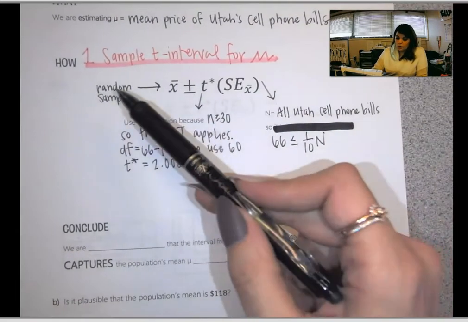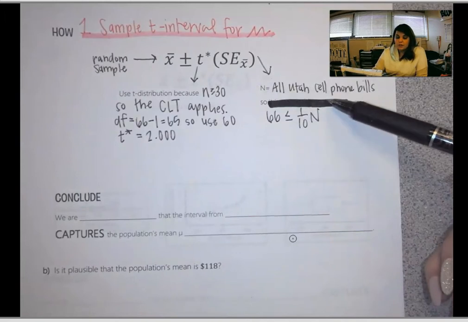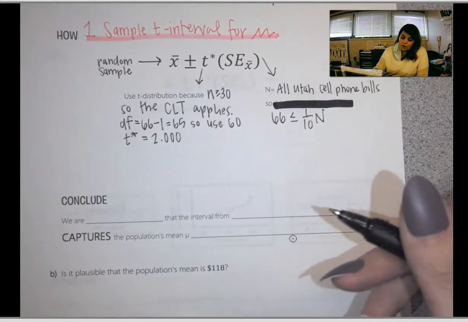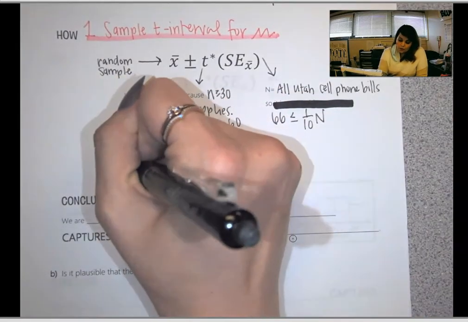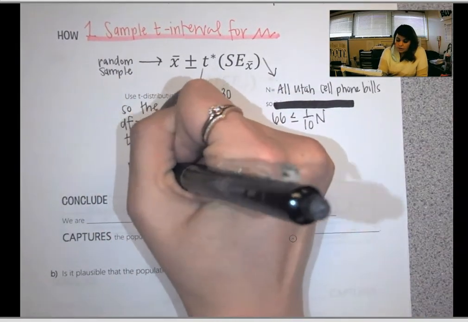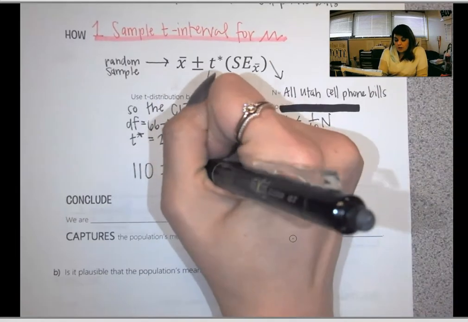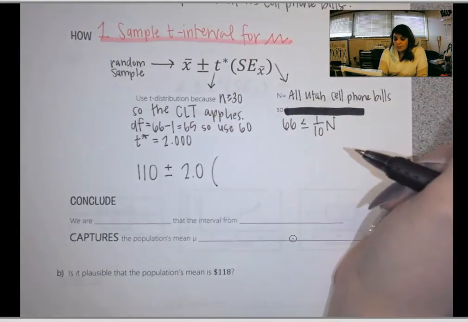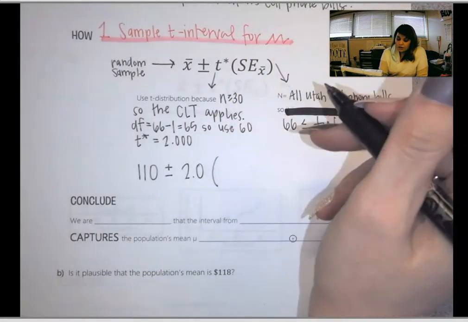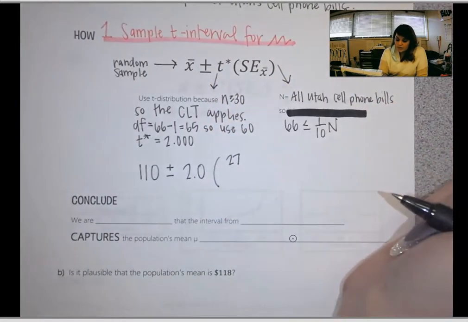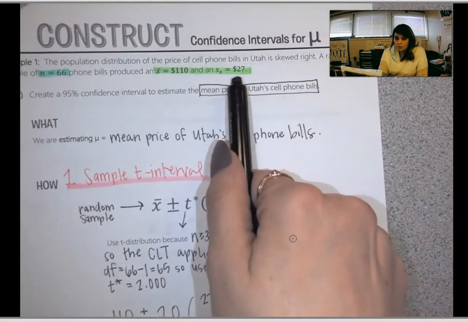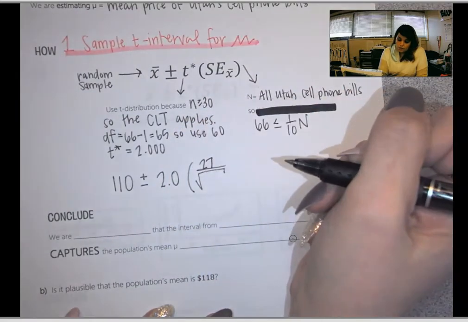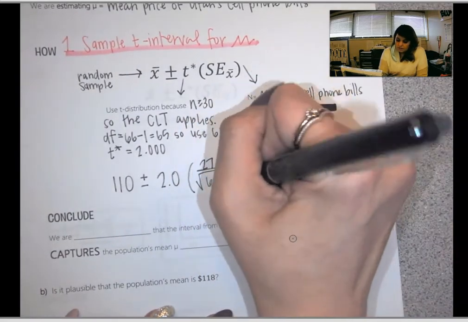Okay, so random, large counts, 10% condition. At this point, we can build our confidence interval. So X bar is 110 plus or minus a critical value of 2.0 times a standard error of S, which is $27, that was given to us up here, over root 66.